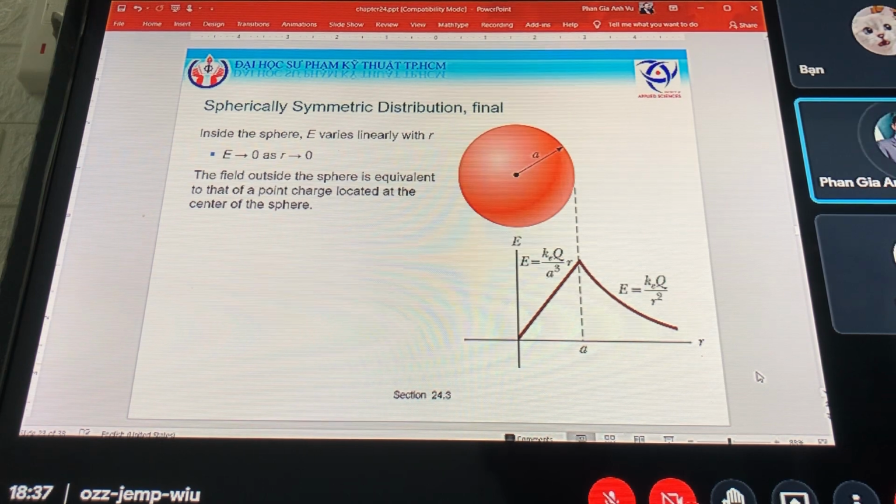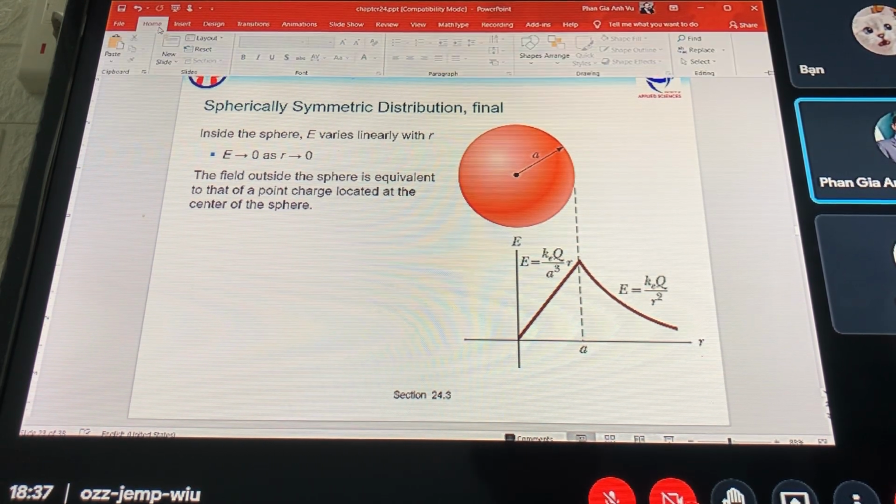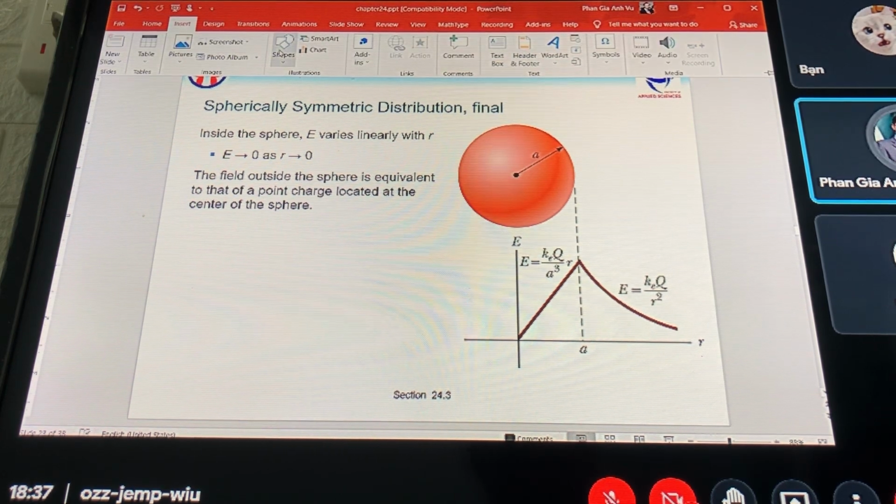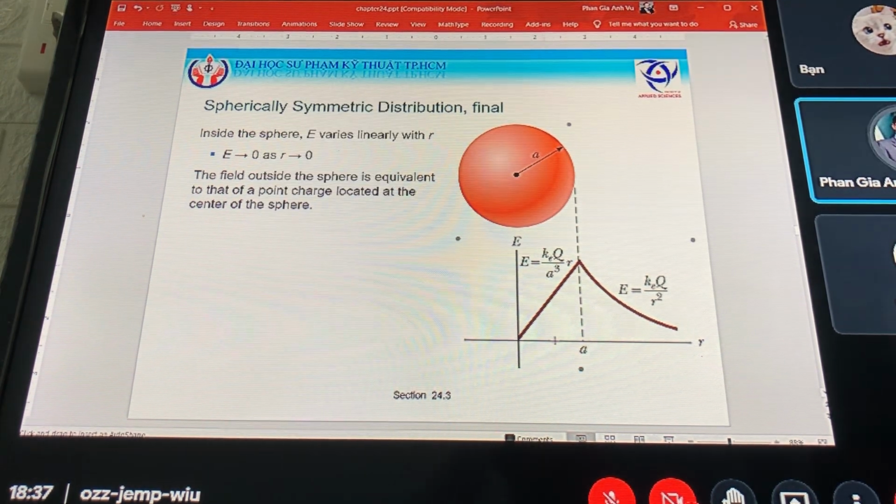You see, when, for example, you have a point at this distance, smaller than A, so inside the sphere, right? And another point outside the sphere, the electric field can be the same as this one.